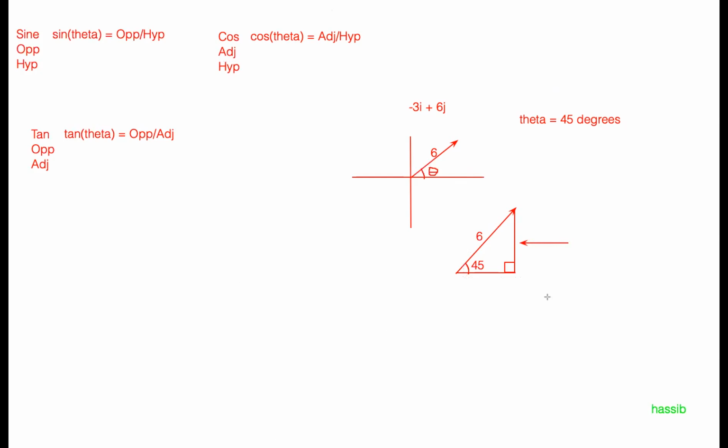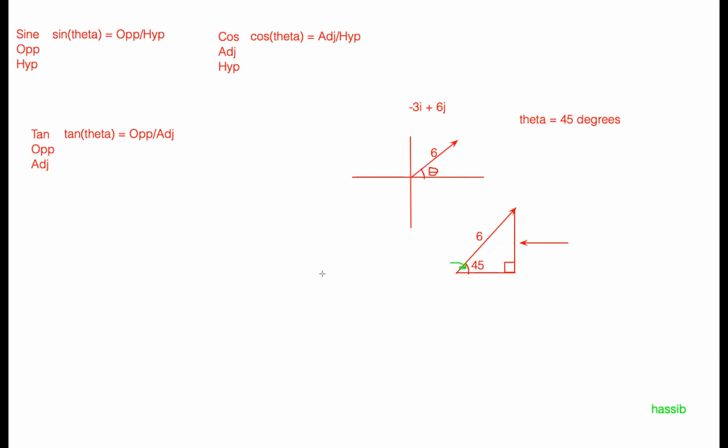So that side, in accordance to our angle, is the opposite, correct? Well, the angle was here. So yeah, if this is the angle and that's the side directly opposite of the angle, that would be our opposite.